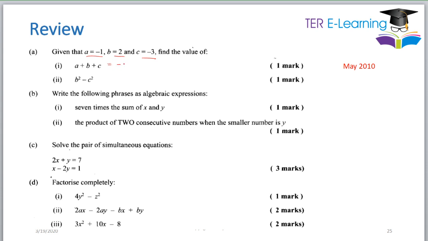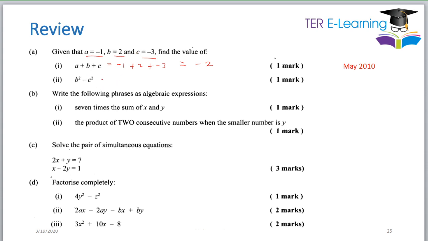So A is minus 1 plus 2 plus minus 3. Minus 1 plus 2 is 1, and 1 plus minus 3 gives me minus 2. Make sure that's correct. Minus 1 plus 2 is 1. 1 minus 3 is minus 2. Yeah.